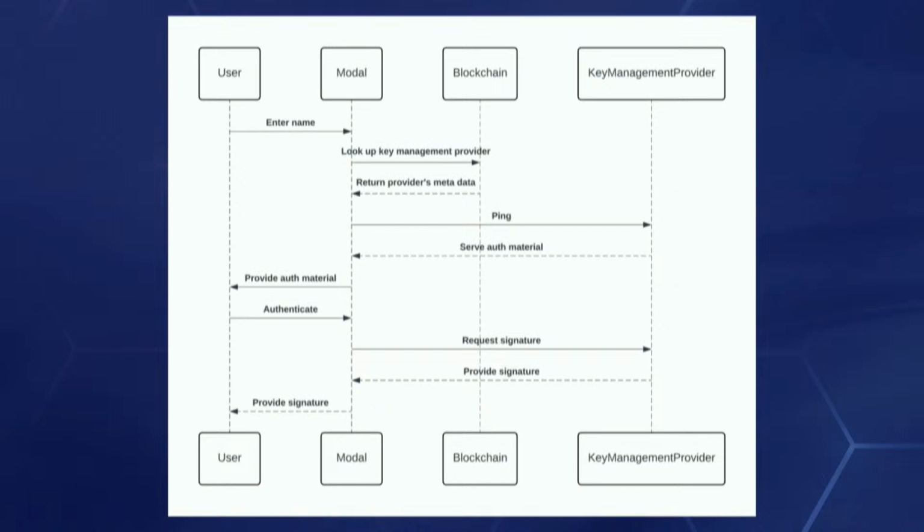Let's say for the sake of example, it's sign in with Google with a 6-digit authenticator, Google Authenticator style code. Those get served back up to Alice. Alice clicks login with Google, enters her 6-digit code, which in turn, she's now completed the authorization and the authentication with the key management provider. And so the signature is generated and Alice is logged into the dApp.